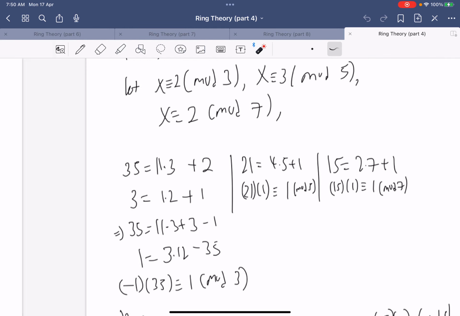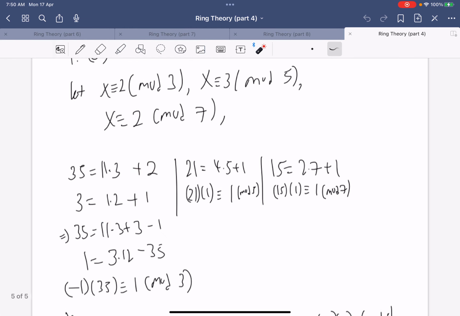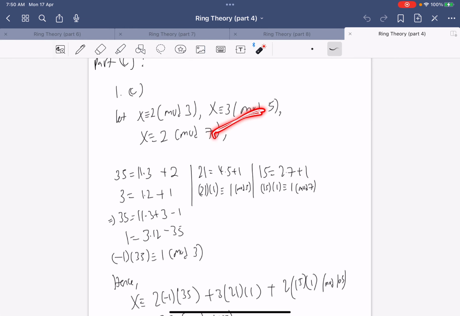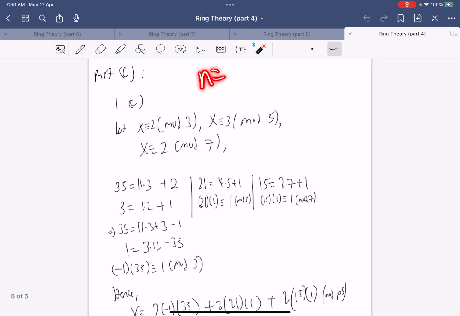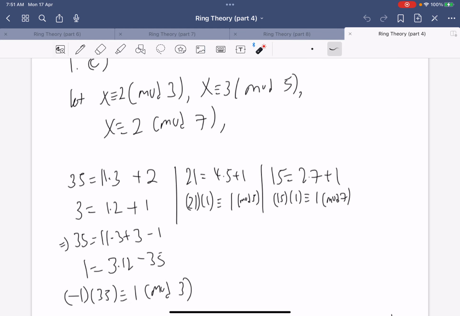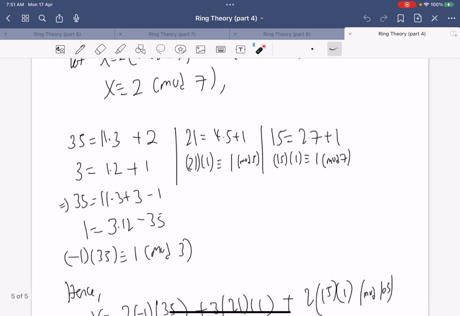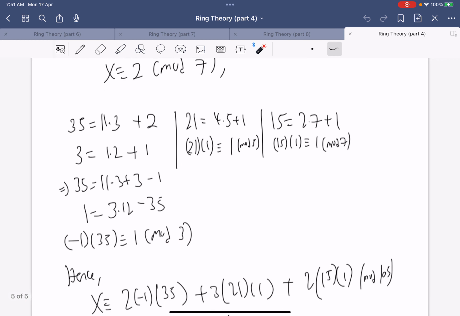So in this case n equals 3 times 5 times 7. For mod 3, you just need to divide this away: n over 3 is just 5 times 7, which is 35. Then you take it mod 3, and you get that its multiplicative inverse is -1.